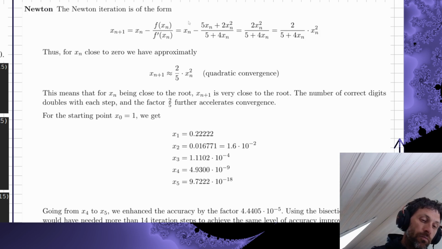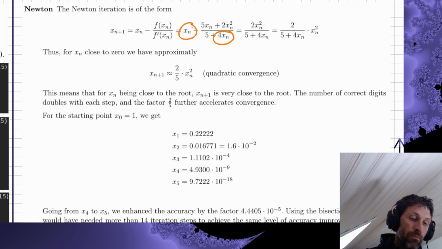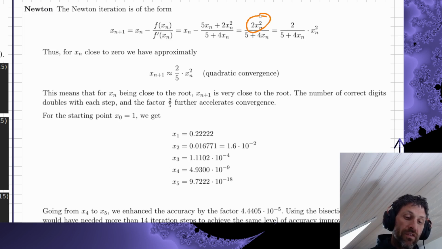Then you have to multiply this times that, and then this product and this minus will cancel, and what is left, in that case, we will get 4 times xn squared minus 2 times xn squared, and we end with that. And we can rearrange that, write that at the end after the fraction.